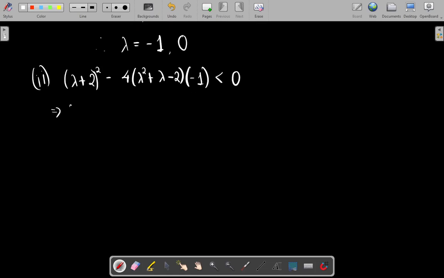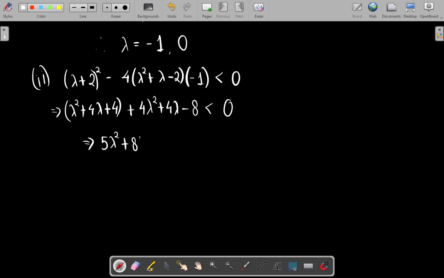On further simplification, we get lambda square plus 4 lambda plus 4, and multiplying minus 4 with minus 1 we get plus 4 times (lambda square plus lambda minus 2), so plus 4 lambda square plus 4 lambda, and minus 8. This is less than 0. On opening the brackets, this becomes 5 lambda square plus 8 lambda minus 4 is less than 0.